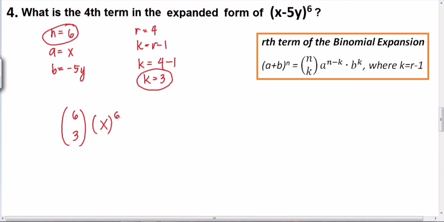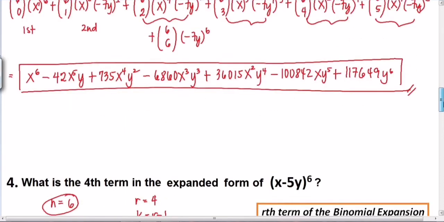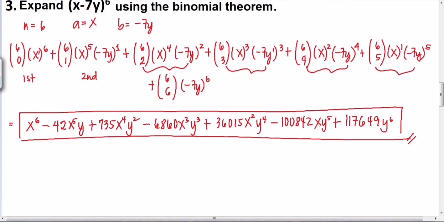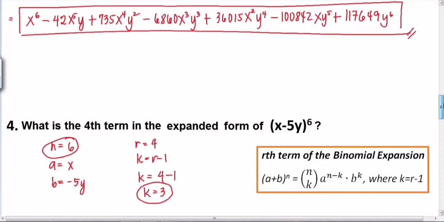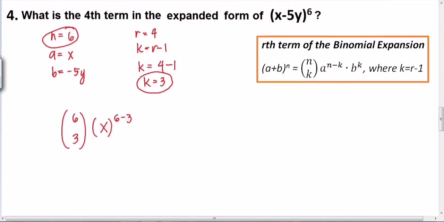Parang yung ginagawa natin kanina, 6 minus 3. Diba sabi ko sa inyo, ganun ang ginagawa natin kanina. So, 6 minus 0, 6. Ganun siya. 6 minus 1, kaya naging 5. 6 minus 2, kaya naging 4. So, 6 minus 3, kaya naging 3. Ganun siya. So, dito, 6 minus 3. Yun. Kaya, 6 minus 3, yun yung lalagay nyo rito. Okay, and then the second term is negative 5y.